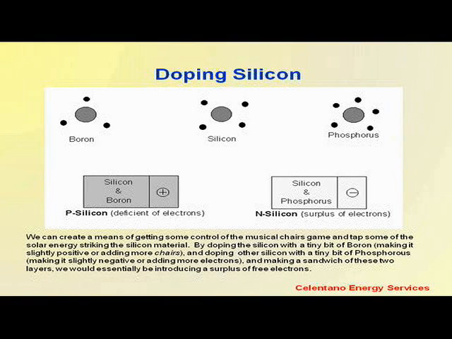What you can do is make kind of a sandwich. So with one layer you have your silicon crystal, but it's not quite pure. It has a little bit of boron here and there in the crystal structure. So the boron atoms are in the crystal structure, taking the place of silicon atoms. On your other layer of the sandwich, you have phosphorus doped into the crystal.